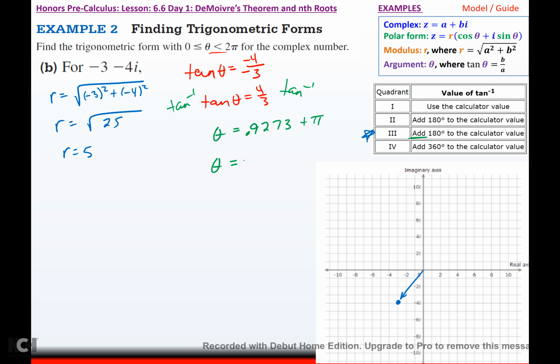So theta equals 4.07 radians. And so my polar form would be z equals 5 cosine 4.07 plus i sine 4.07. And that would be my polar form.